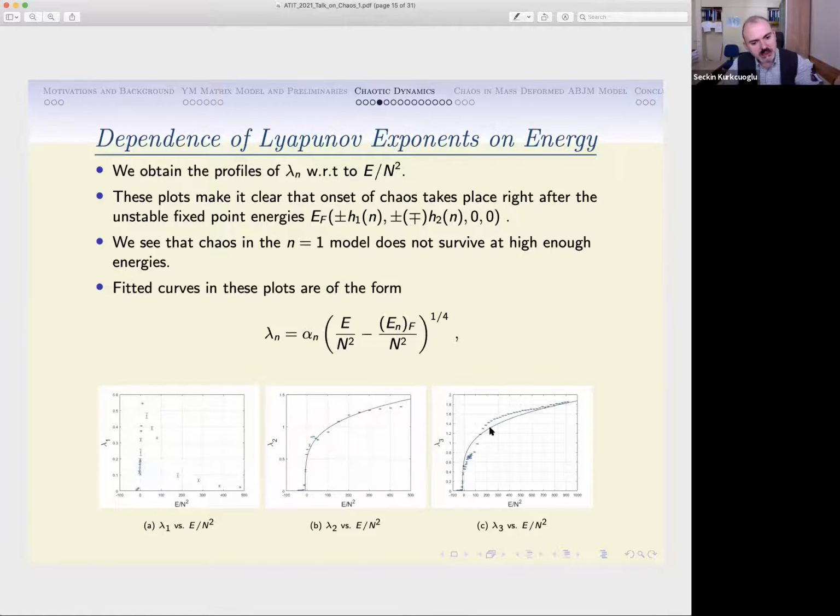So we can see how the largest Lyapunov exponent changes as a function of E over n squared. So these are the data points, and there are some curves which we have fitted to these plots.